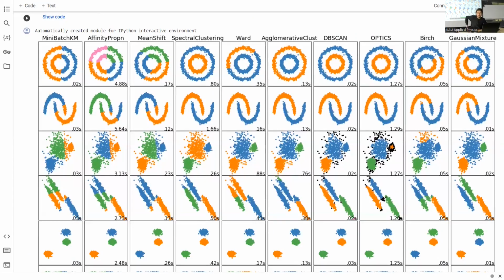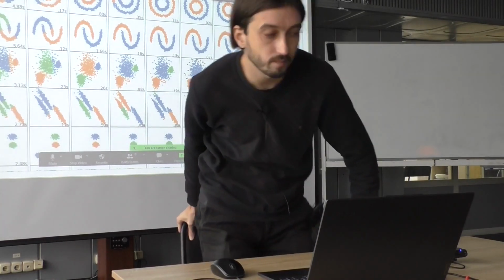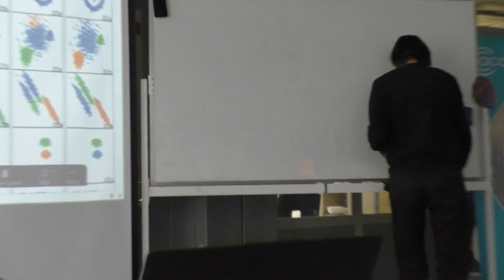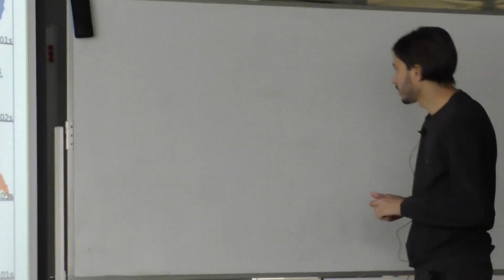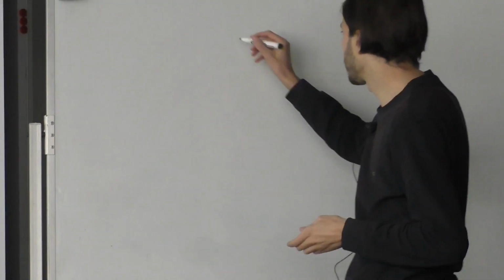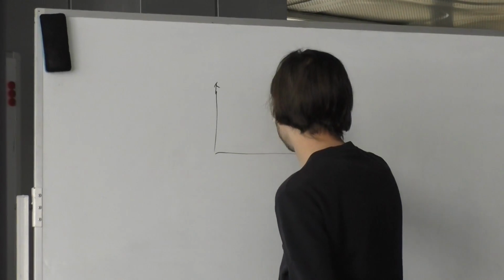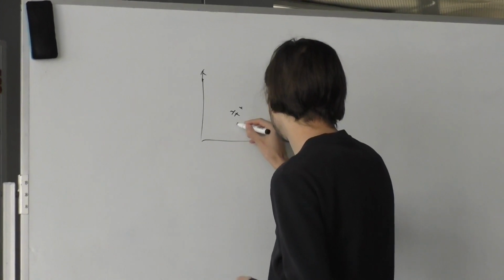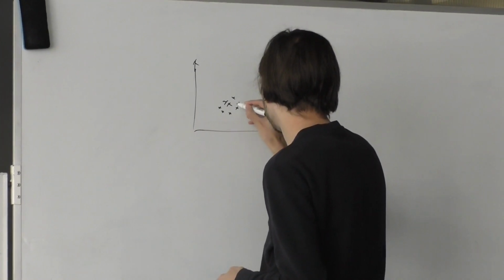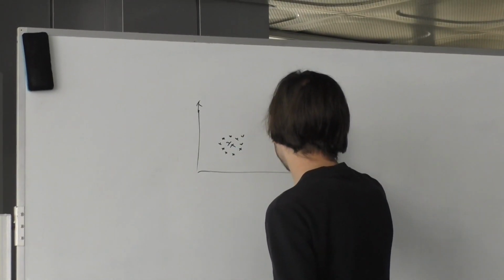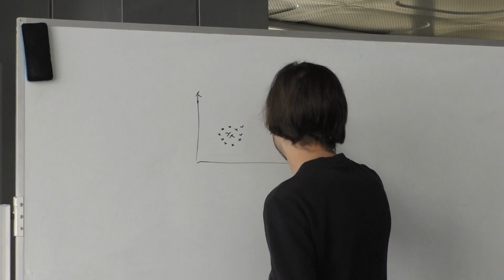Let me draw that on the whiteboard, so why not? Let's do that. Their basic idea is something like the following. So I have here my plane. Here are some of my data points. Let me say I have some cluster in here. I have some cluster in here.